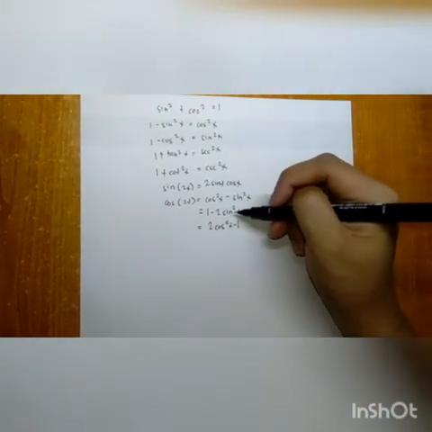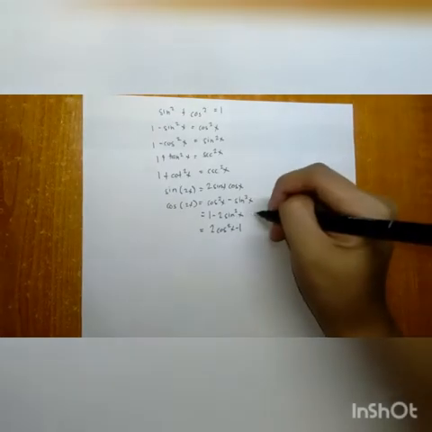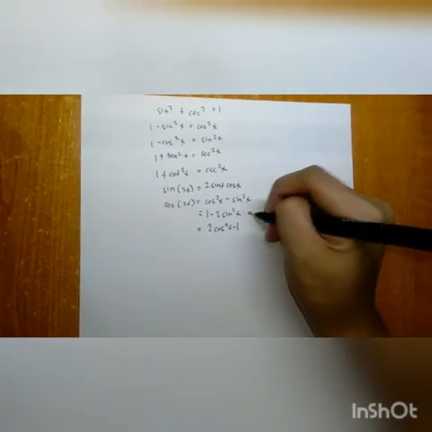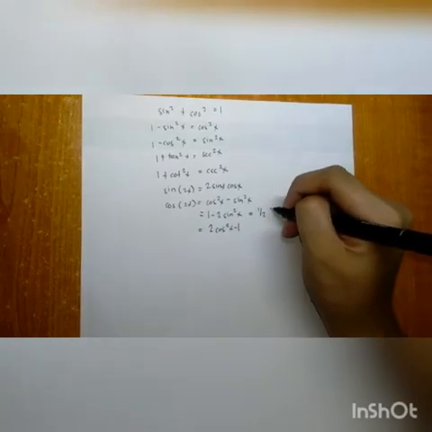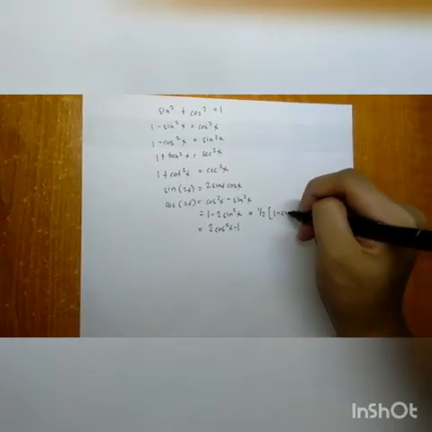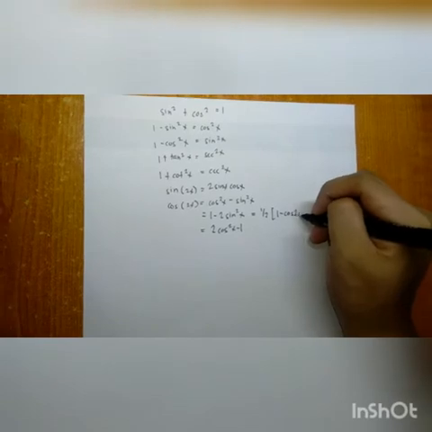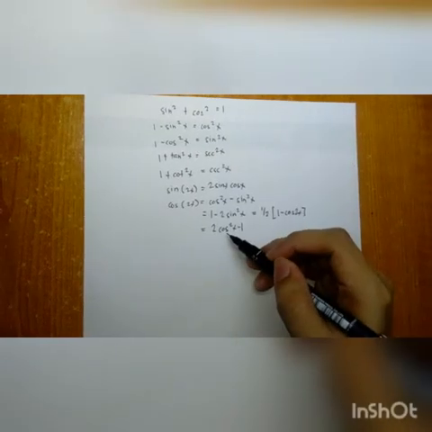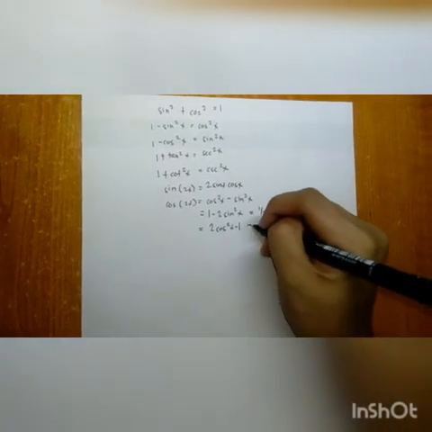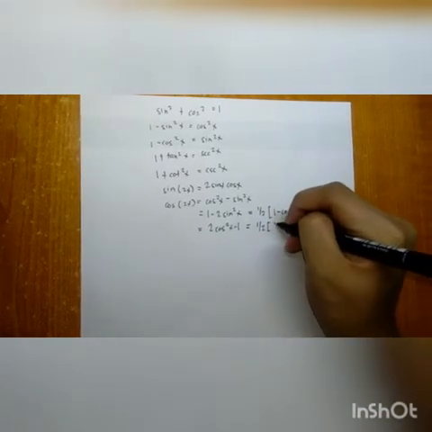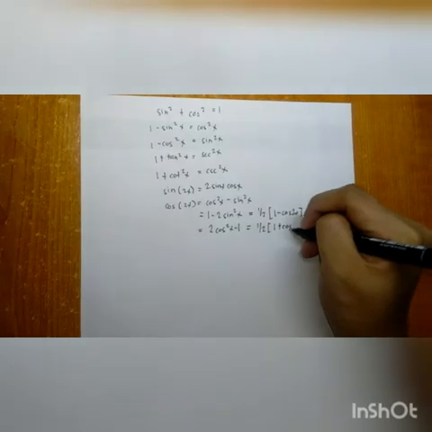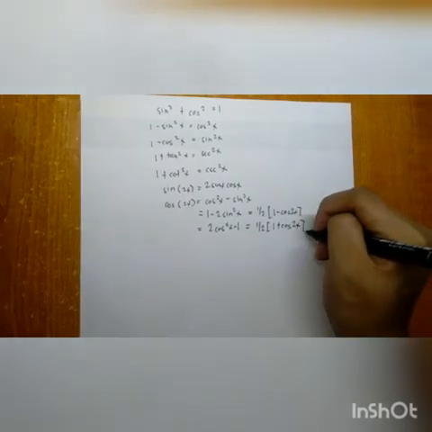If you want to find sine squared x, that will be equal to 1/2 times 1 minus cosine 2x. And if you want to find cosine squared x, it will be equal to 1/2 times 1 plus cosine 2x.